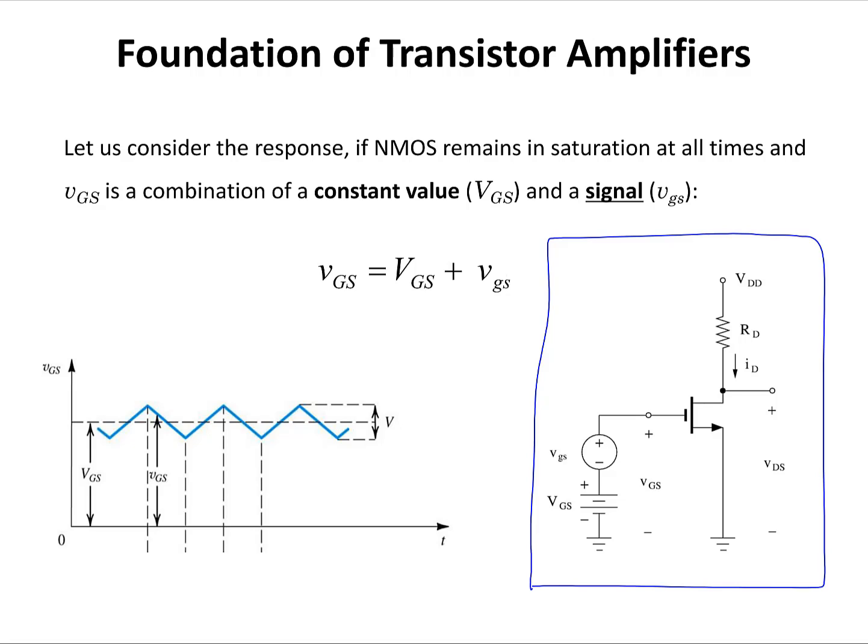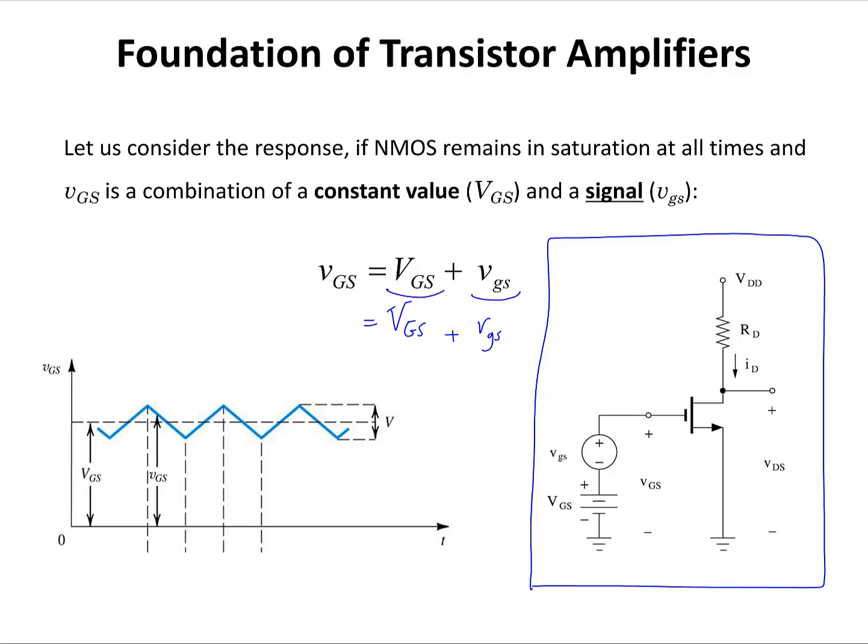We would like to find the response of this MOSFET circuit to an input voltage that can be represented as a constant value plus the signal value. We're going to show the constant value with uppercase V_GS, and we're going to show the signal value with lowercase v_gs.